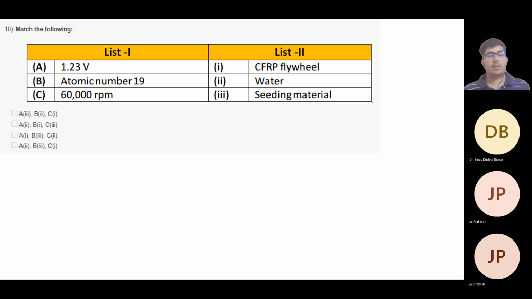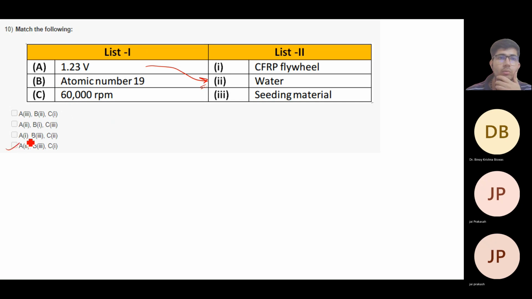The question is you have to match list 1 with list 2. So let's try to match. The 1.23 volt is linked with water, because if we want to break the water, we have to supply this much voltage, 1.23 volt.